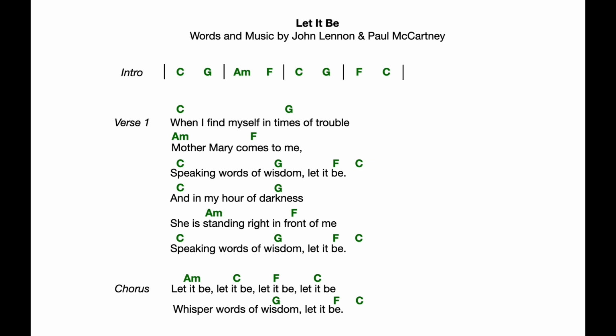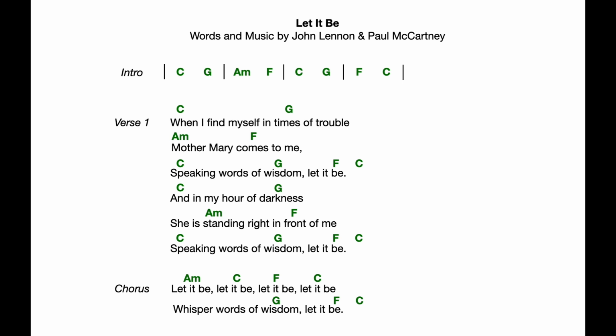Because if there's not a little m after the letter, we know it's a major chord. If there is a little m, then we know it's a minor chord. And if you see here on Let It Be, the only minor chord is the A minor. All of the other chords are major. So you should be able to sit down and work out the chords to this song.